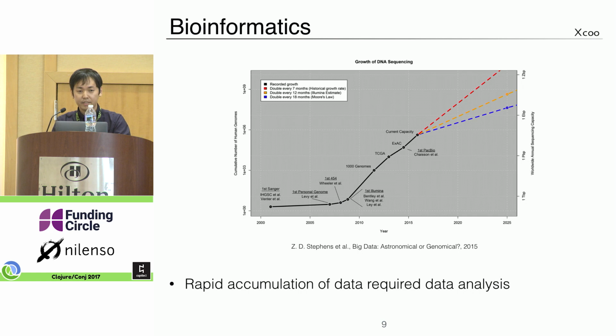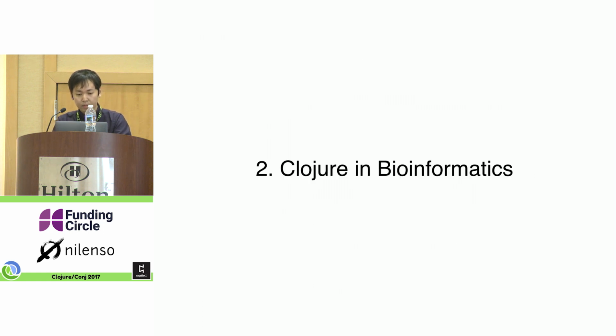That is the analyzing process of sequenced genome data. That is the informatics and data analysis domain. In such a bioinformatics field, we mainly use Clojure. So next, I talk about why we use Clojure and why Clojure is good at bioinformatics, with actual examples.